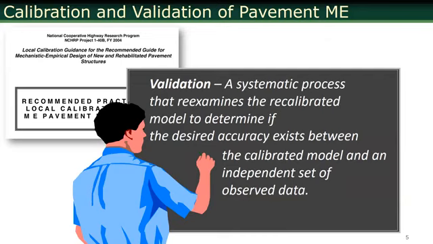That's important. You need to set aside a whole bunch of field data that is not used in the calibration step, to validate the calibrated pavement ME. This is a systematic process that re-examines the calibrated model to determine if the design accuracy exists between the calibrated model and an independent set of observed data.